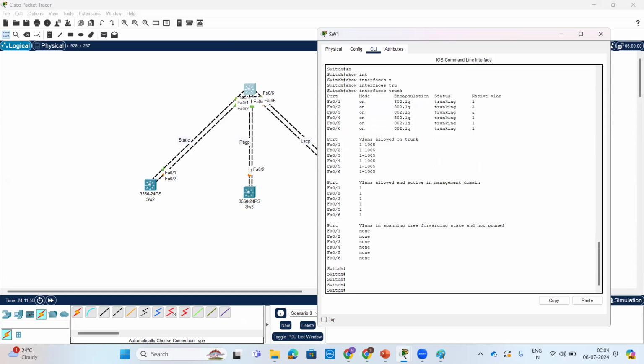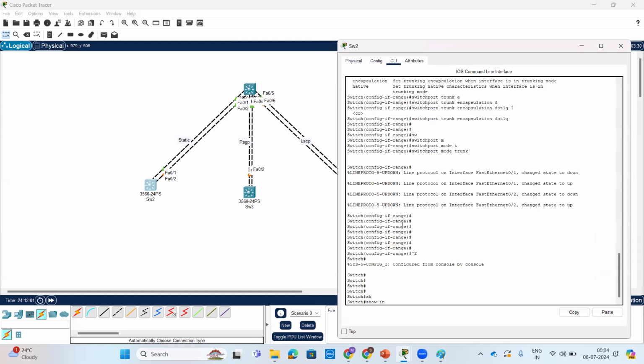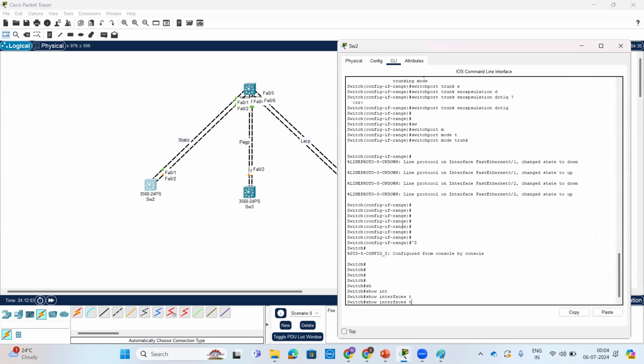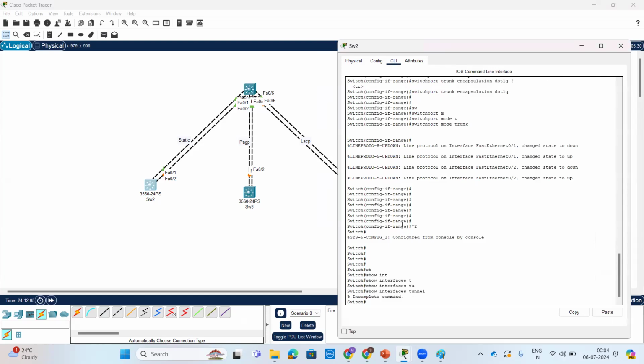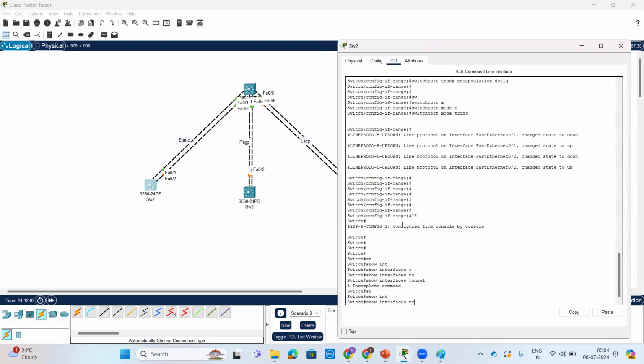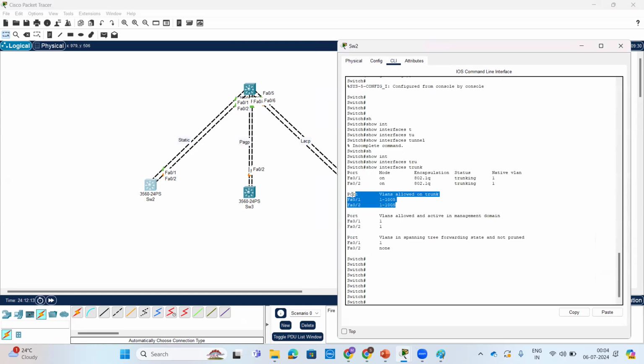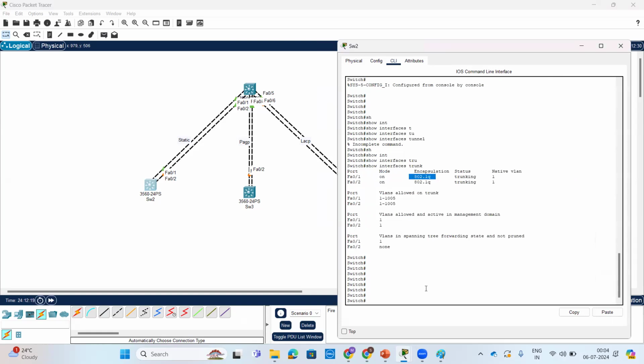Both should match, and native VLAN should also match. Show interface trunk. See, two interfaces are on the trunk, and the method is .1Q.